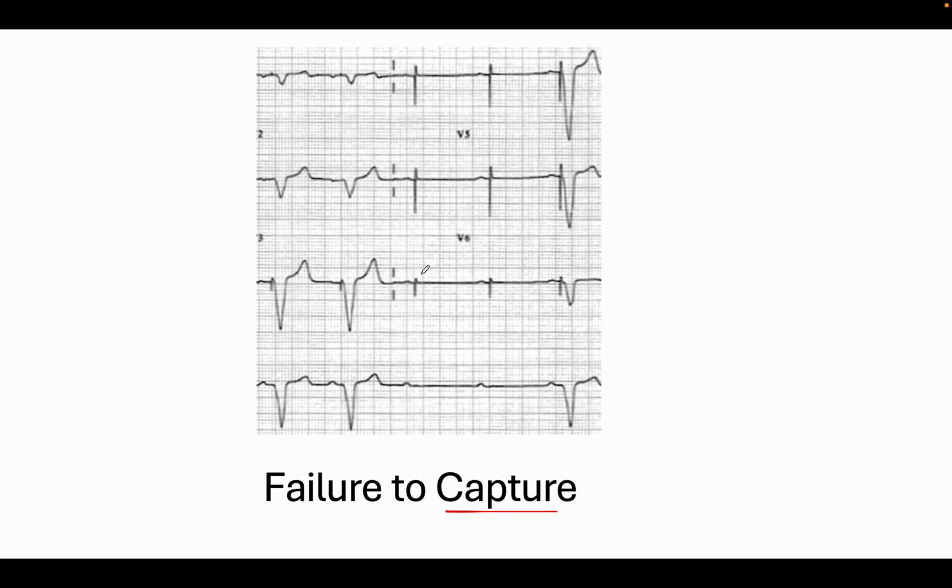So in this case, there's intermittent failure to capture because the energy going down that lead sometimes is insufficient. And this can occur because the person who set the program for the pacemaker set the threshold too low, or sometimes the patient's taking certain antiarrhythmics, which means that the threshold is a lot more difficult to achieve, and so the pacemaker just needs to be reprogrammed again.